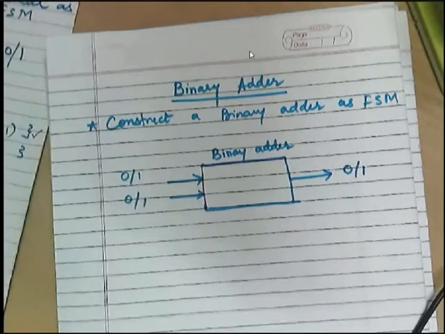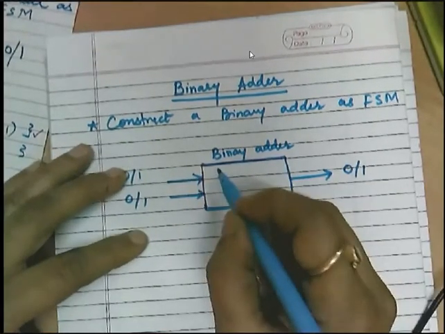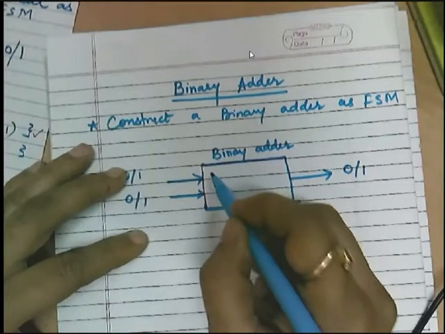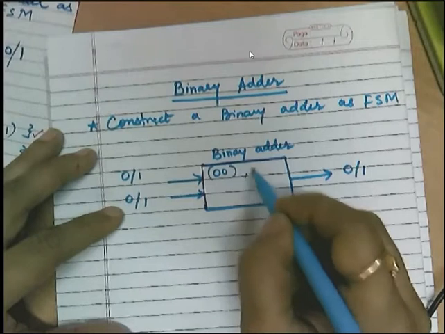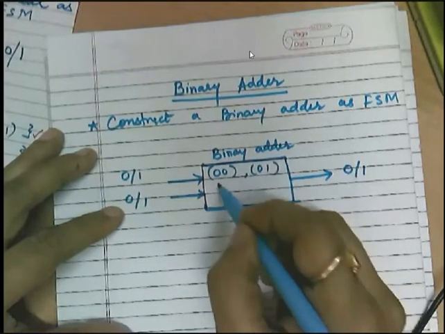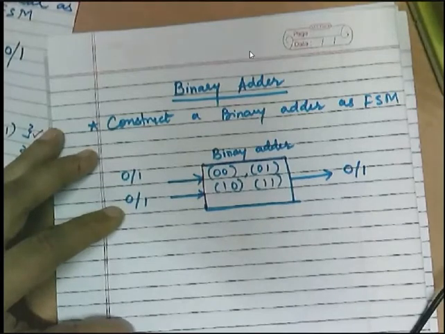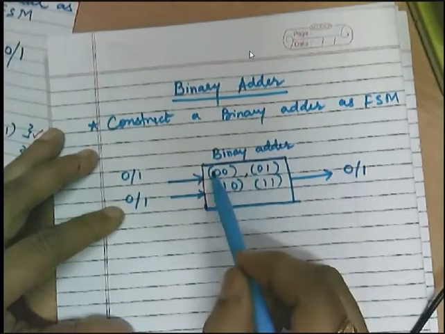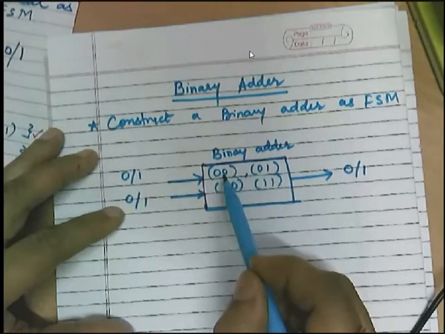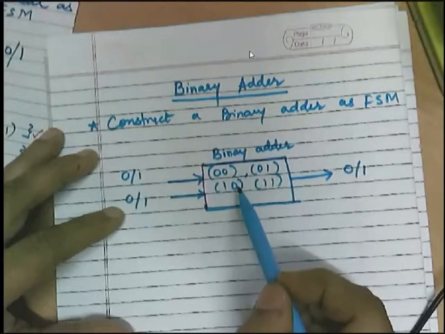Now, when your output is 0 or 1, there is some internal processing happening. For example, you can have input combinations 0 0, 0 1, 1 0, and 1 1. When we are doing these three additions, 0 plus 0, output is 0; 0 plus 1, output is 1; 1 plus 0, output is 1.